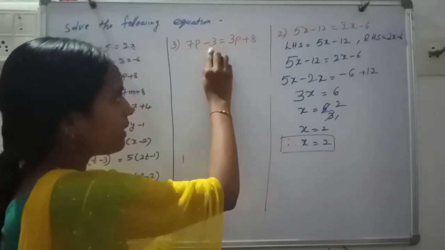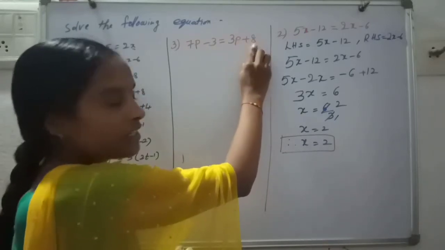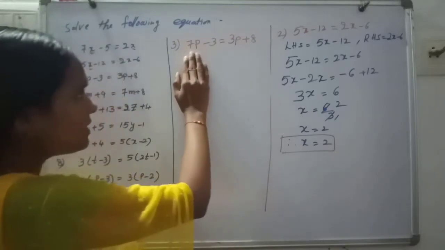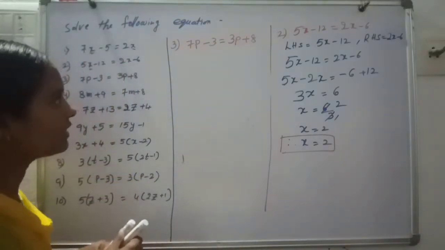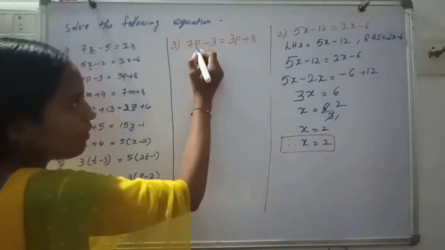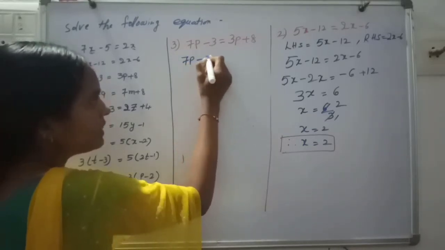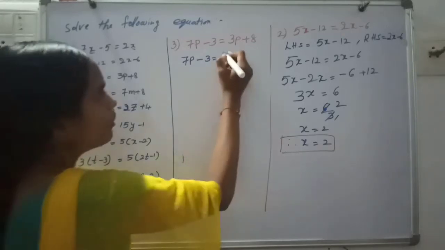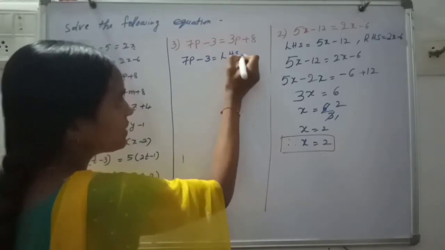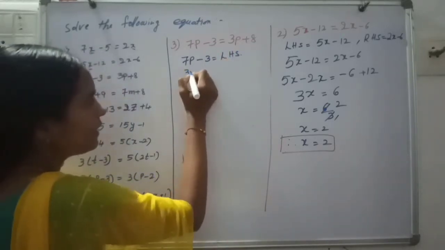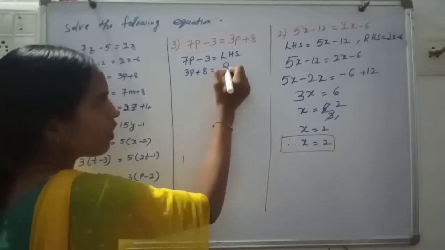Minus 3 is a constant, plus 8 is a constant. This is called a simple equation. Now let's find the value of p. 7p minus 3 is the LHS and 3p plus 8 is the RHS.